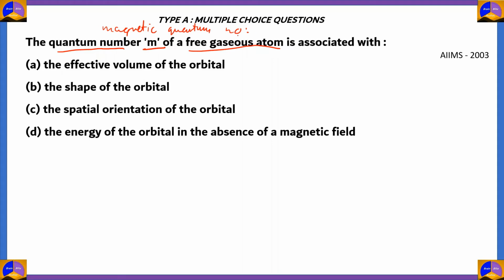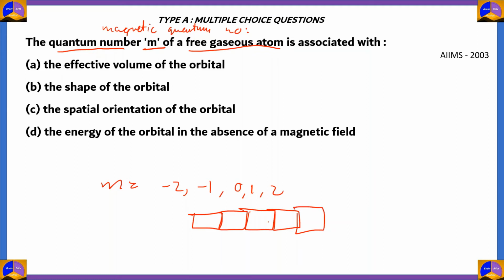And so this will tell you the number of orbitals present. So for example, if I have a magnetic quantum number m, which is equal to -2, -1, 0, 1, and 2, that means it will have 5 orbitals in that particular subshell.